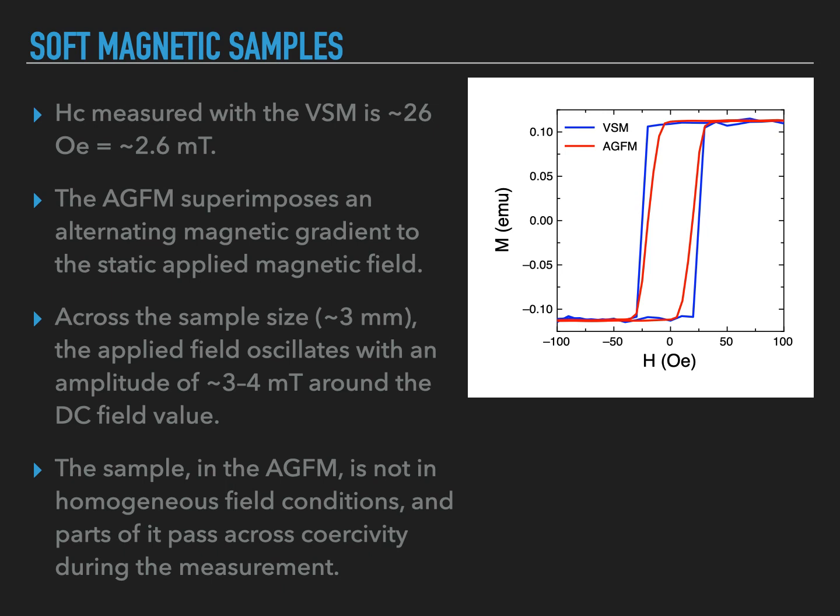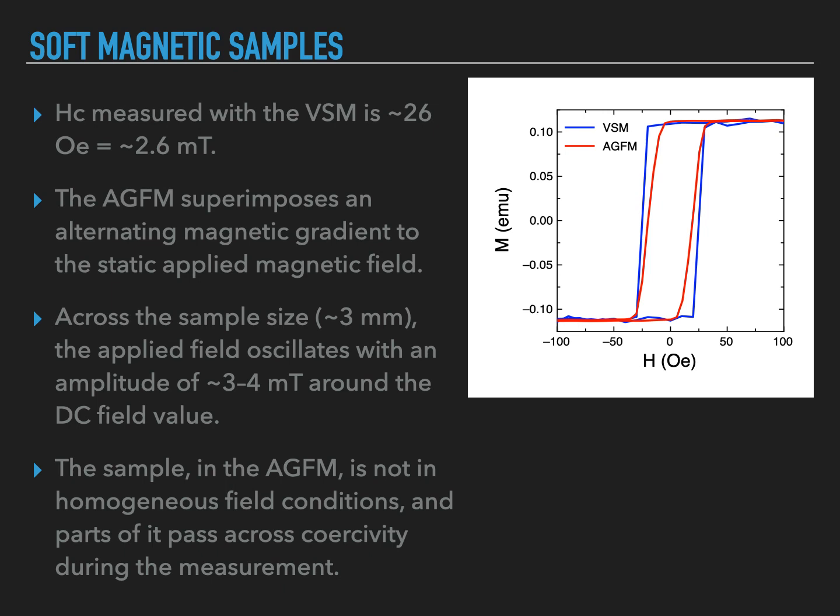Now, is that gradient sufficient to affect the measurement? In the case of soft magnetic materials, the answer is yes. In this case, for example, the coercivity of the sample, according to the VSM, is of the order of 2.6 millitesla. For the AGFM, across the sample size that is approximately 3 mm, the applied field oscillates with an amplitude of approximately 3-4 millitesla around the DC field value.